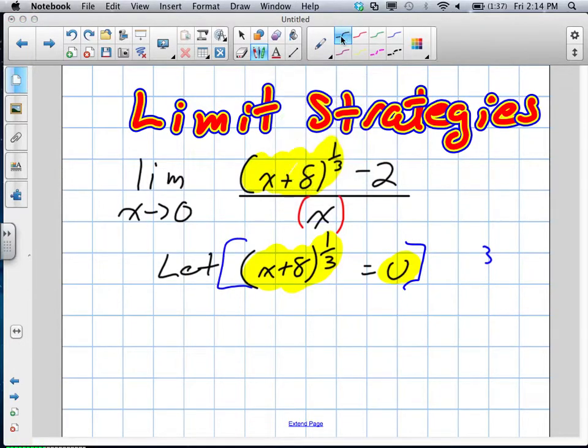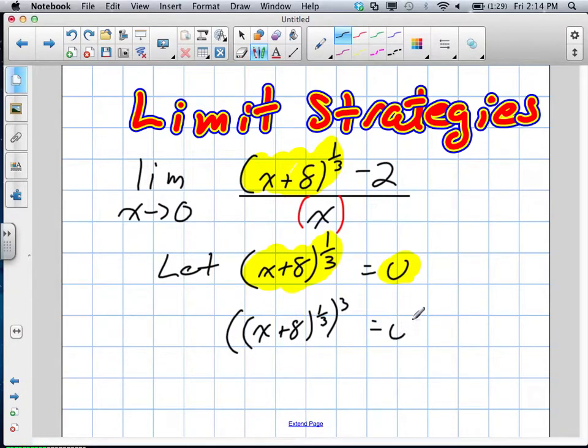So when I put both sides of this expression to the power of 3, x plus 8 to the 1/3 to the power of 3, and u to the power of 3, this 1/3 exponent and power of 3 exponent create a 1, and essentially that's not important because anything to the power of 1 is the base. So we'll get x plus 8 is equal to u cubed.